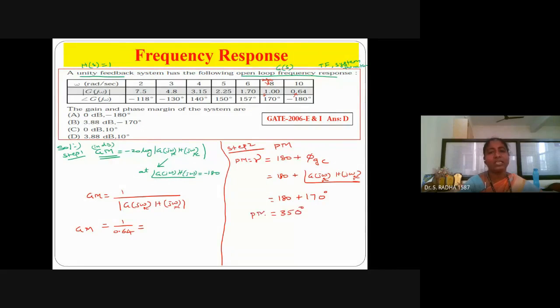Phase margin is 350 degrees in anti-clockwise measurement. Otherwise, I can also go with clockwise measurement. It is minus 360: 350 minus 360, one full rotation. If you see here, 350 in anti-clockwise measurement is something like this.